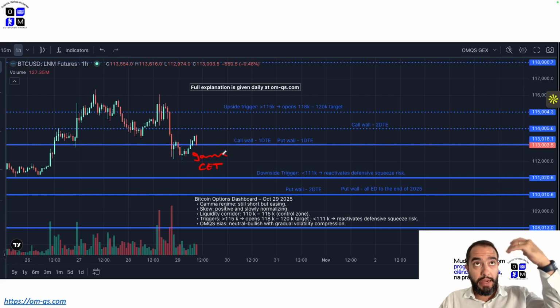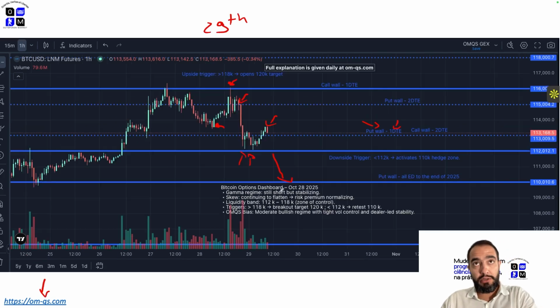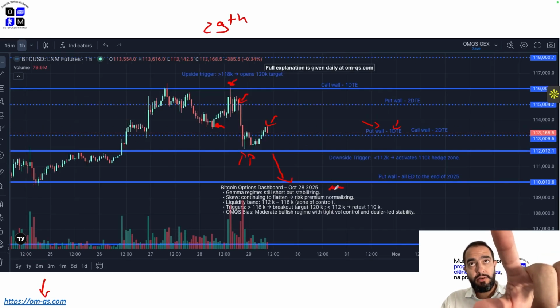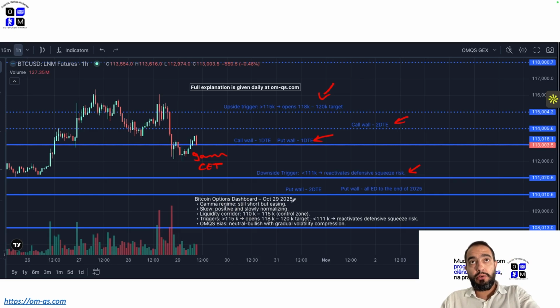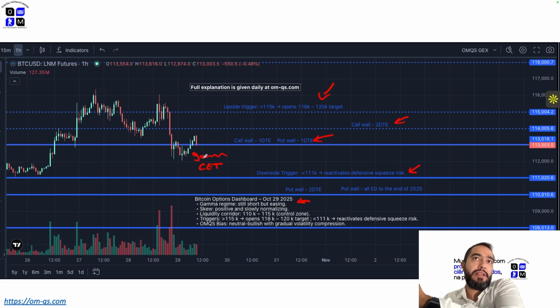But here I took this snapshot again on 9 a.m. CT, but you can see here the information has been updated with the readings for the day. So I no longer have the reading of the 28. Now all the readings are for the 29 for what it's gonna come after that.